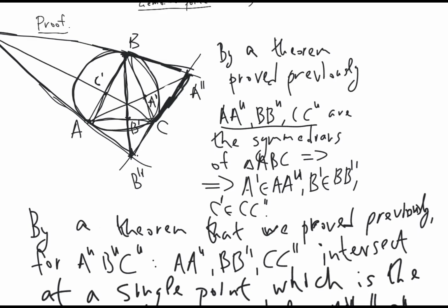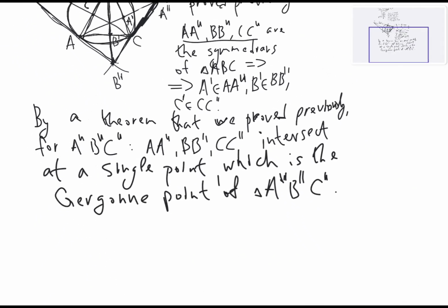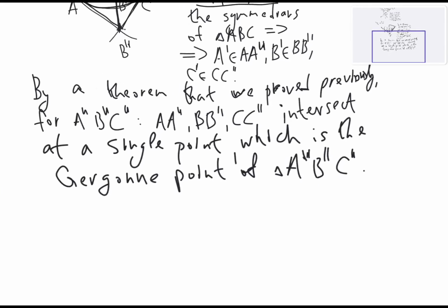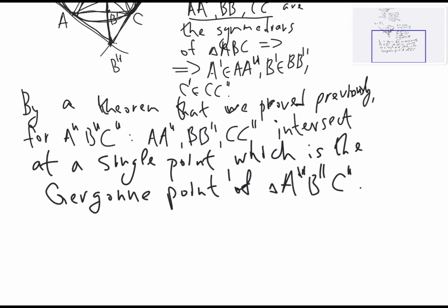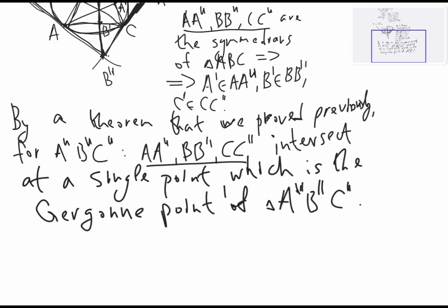While the second theorem that we use here is easy to prove, the first one is not. But anyway, they intersect at a single point, which is the Gergonne point of this large triangle, and this is basically it.